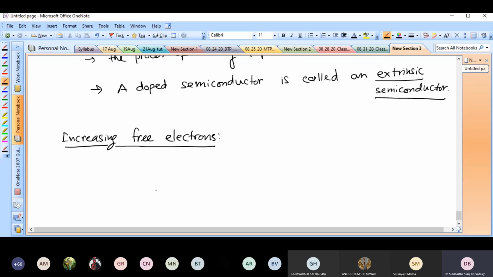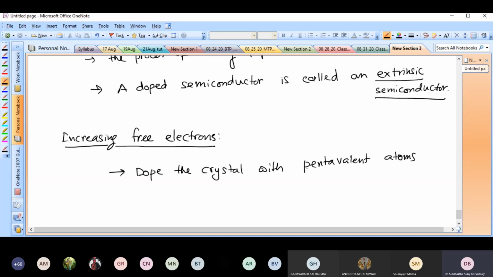Then what we do is we dope the crystal with pentavalent atoms.